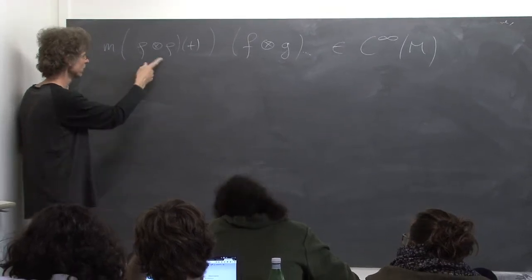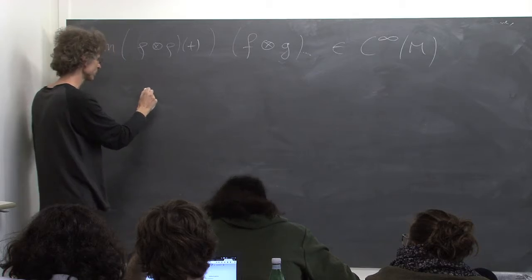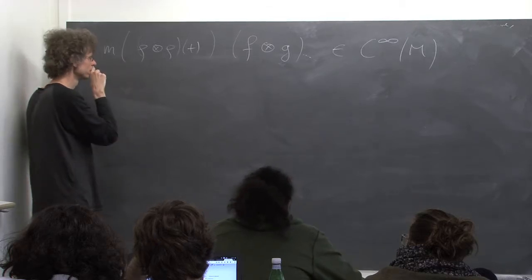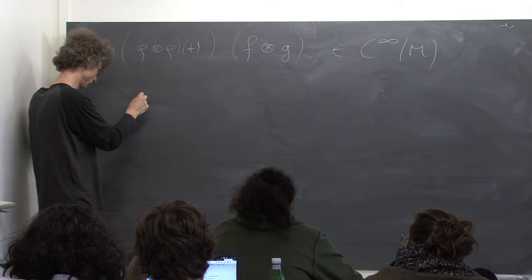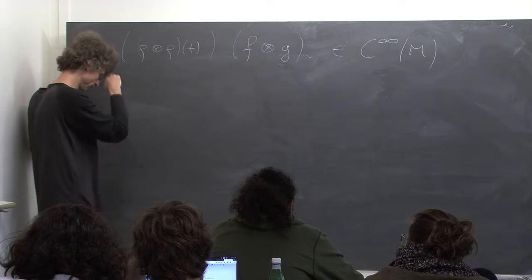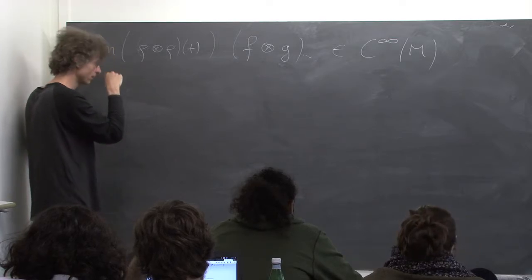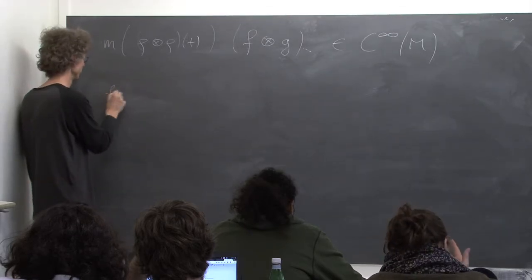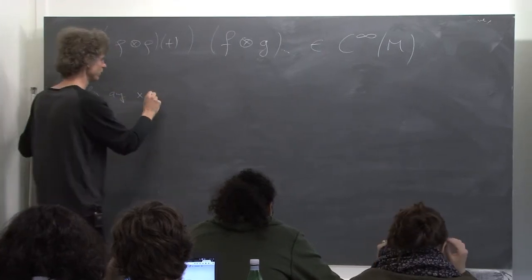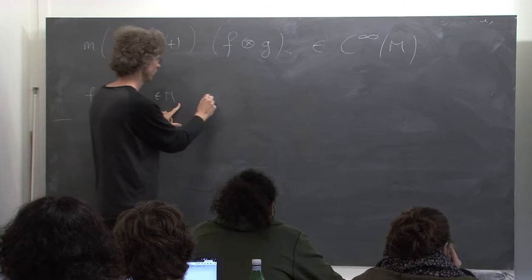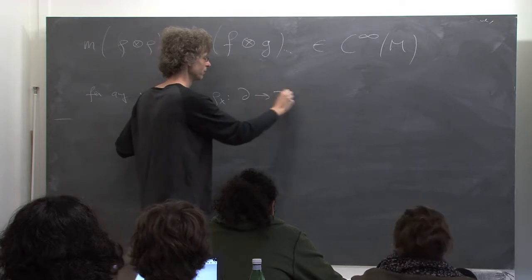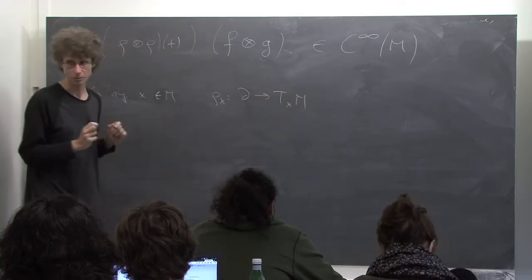I have trouble with notation, but let's see. Let me put it this way: for any x in M, we have the map rho_x going from D to T_xM.